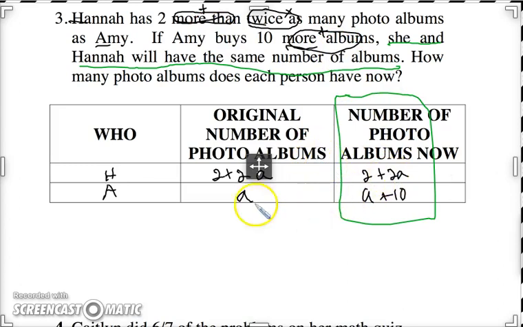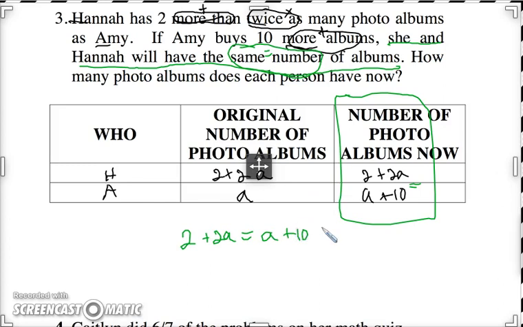The same number of albums is just another way of saying they have an equivalent number of albums. That means they're equal to each other. And that's your sentence. So that tells me that Hannah, 2 plus 2a, has to equal a plus 10.